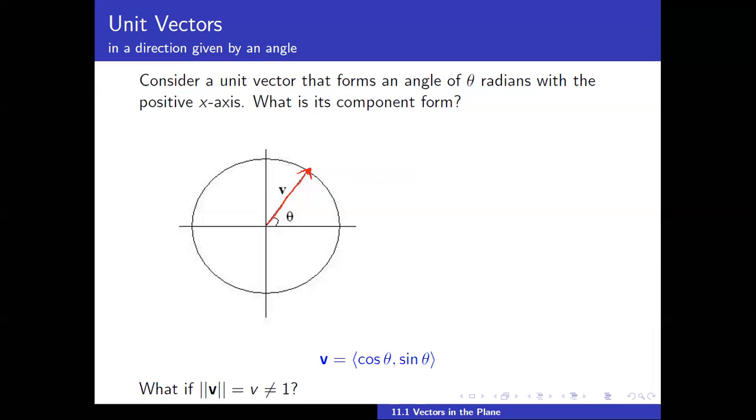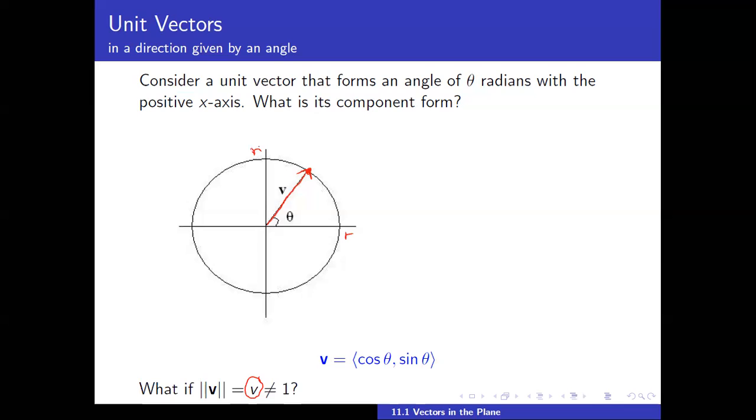What if this was not a radius 1 circle, but a radius, well, I used little v, which is a little confusing, so I'm going to use r, since that already looks like an r. So this thing is radius r.